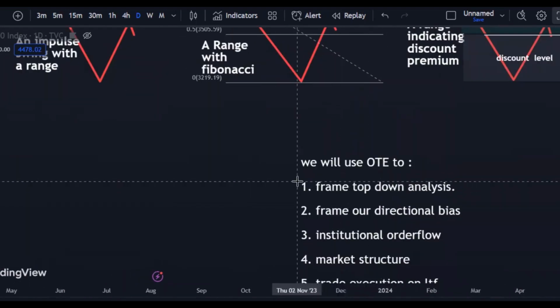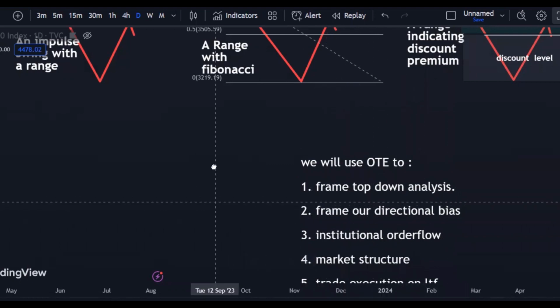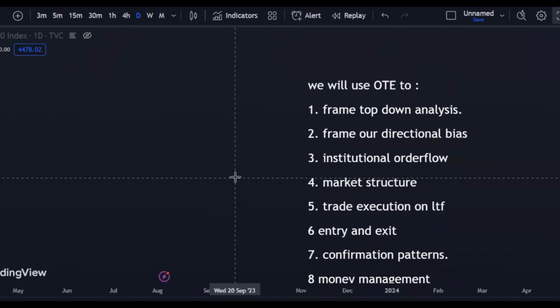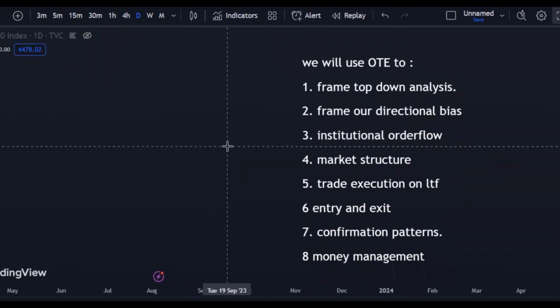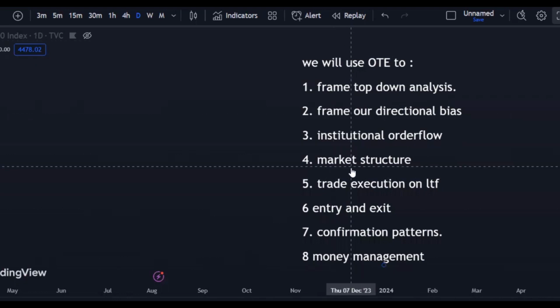So to start with, I'm going to start with top-down analysis, frame our directional bias, institutional order flow. Now, the most important part I want you guys to pay much attention to and take home is so that this thing can just be your general trading model without going through any other tool. I'll still show you guys how to blend it with other ICT concepts like BPRs, order blocks, fair value gaps. Those ones are additional confidence, but the main thing is everything I've written down here.